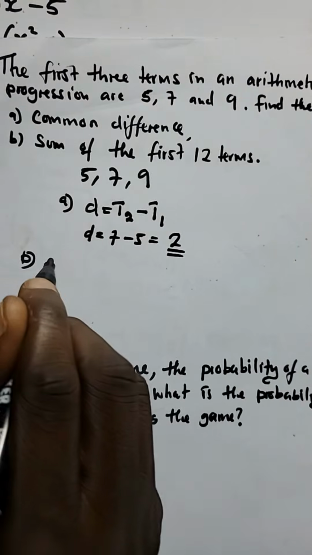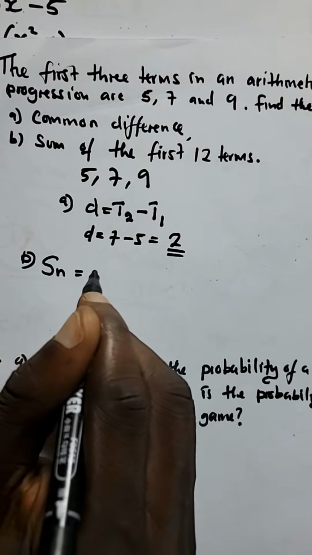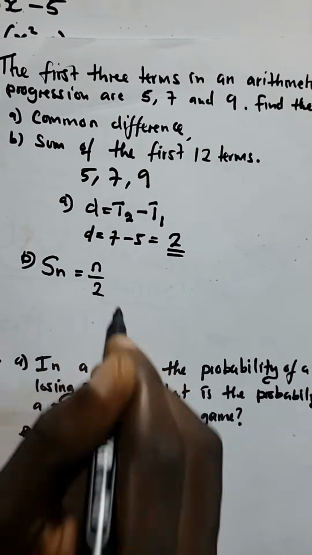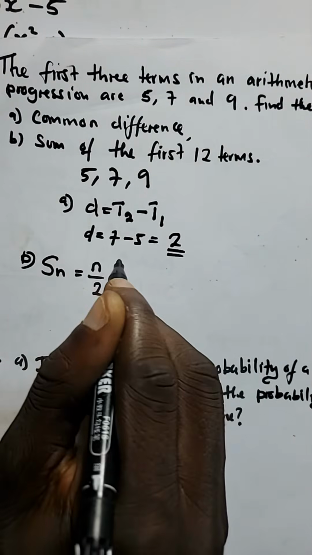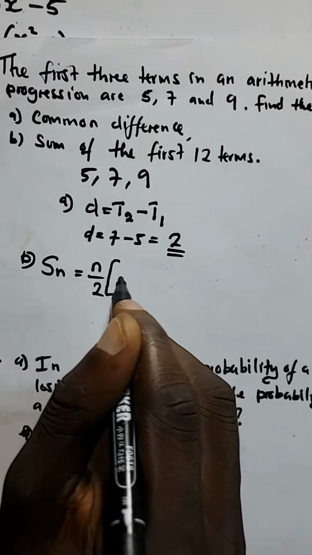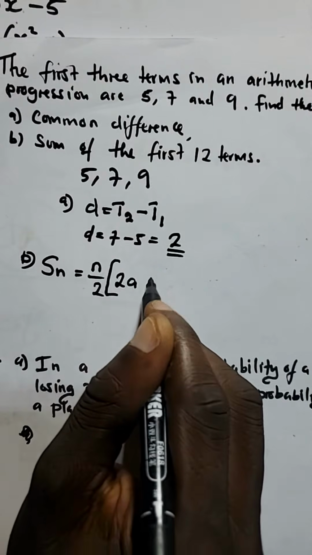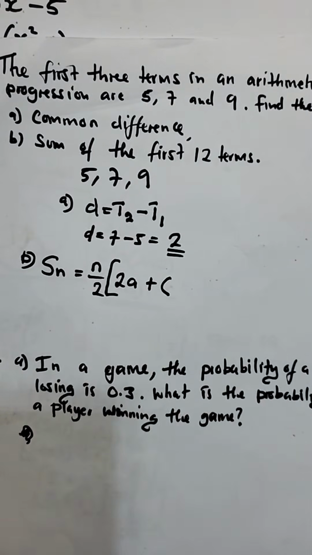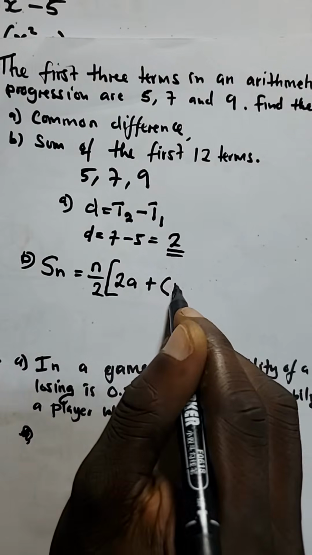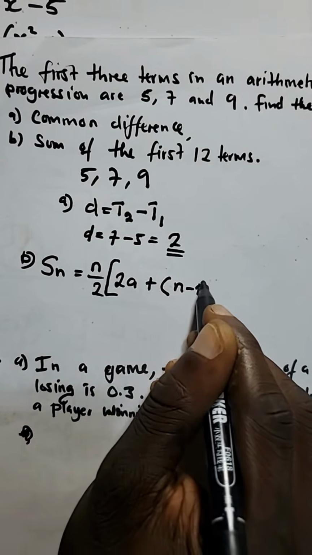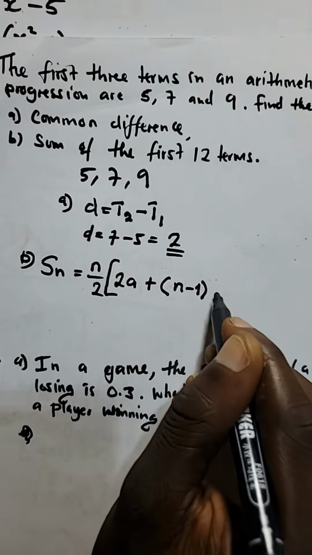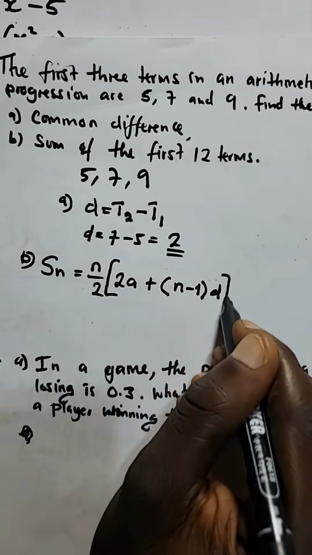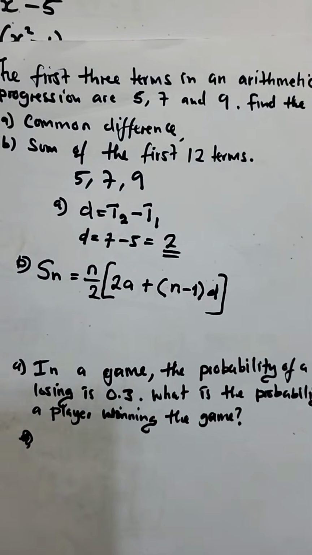So the formula is Sn is equal to n over 2, open bracket, 2a plus, open parenthesis, n minus 1, close parenthesis, then d, then close bracket. This is the formula to use when calculating the sum.